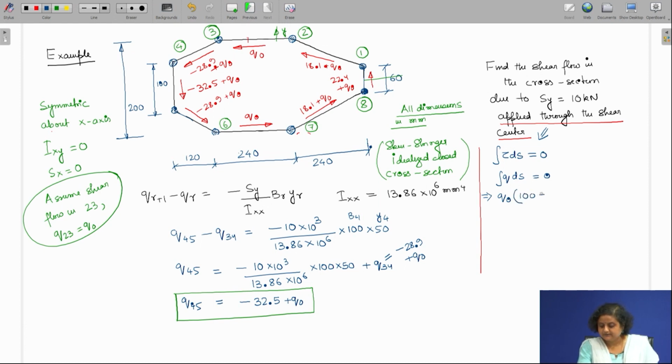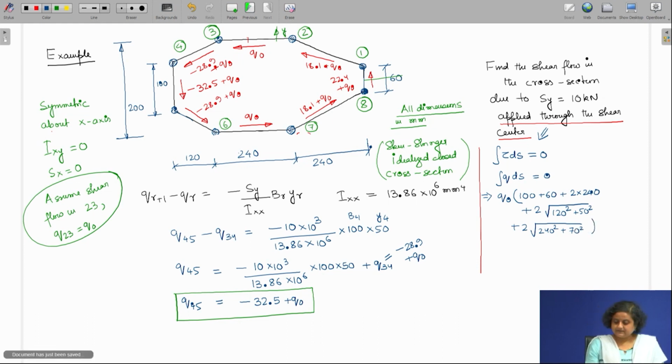100 for the 2 plus 60 for the 2 vertical webs plus 2 into 240 for the 2 horizontal webs, and then we have 2 into square root of 120 square plus 50 square plus 2 into square root of 240 square plus 70 square, into Q0, that is going to be equal to minus 28.9 into 2 into square root of 50 square plus 120 square.